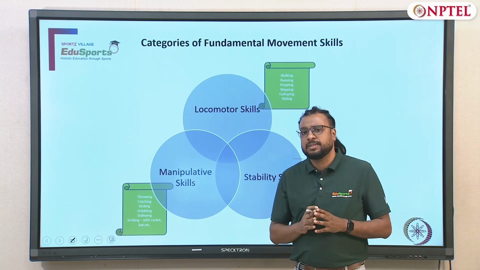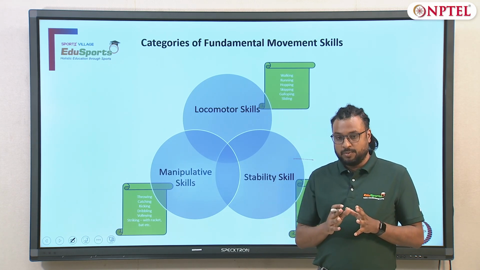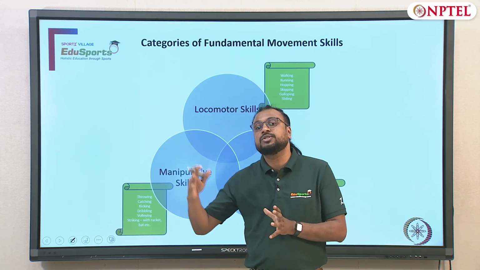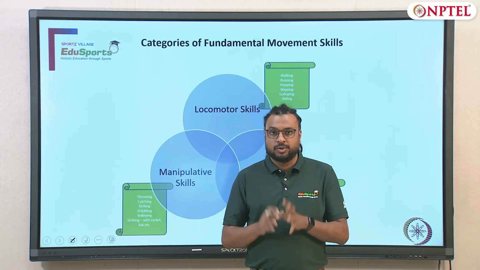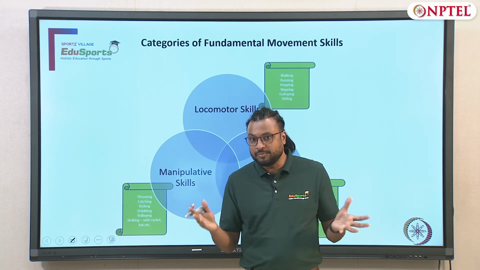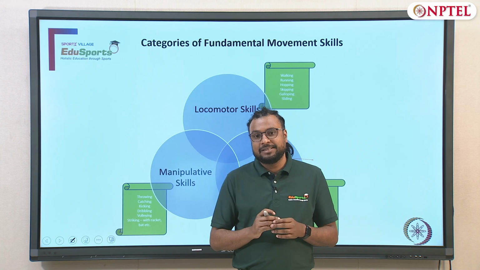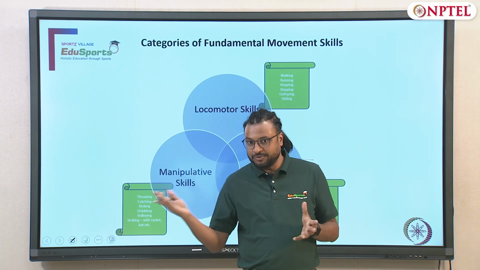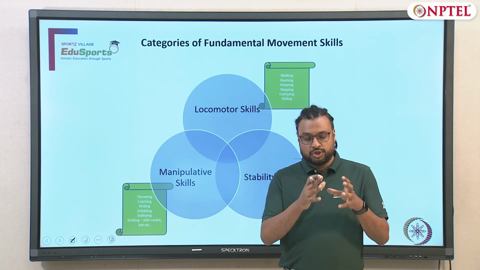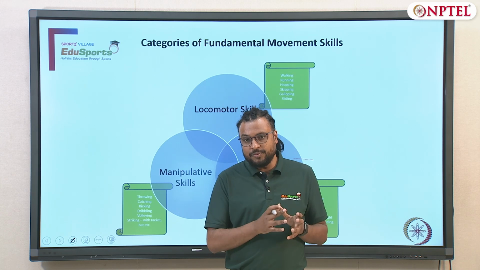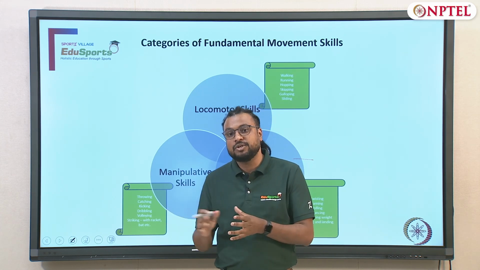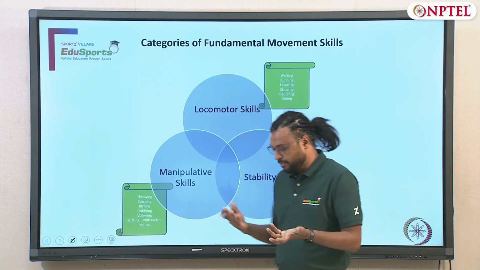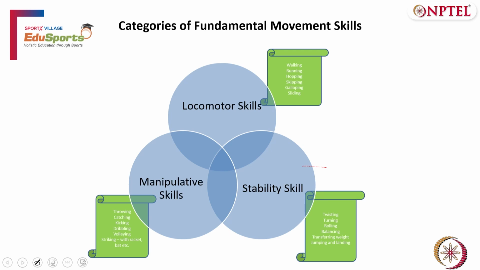Locomotor skills are the skills which are required to move from one place to another. The word loco means movement, right? Locomotive train that moves from one place to another. So, locomotor means moving from one place to another using your motor abilities. Like I am moving from here to there, I am using my motor abilities.